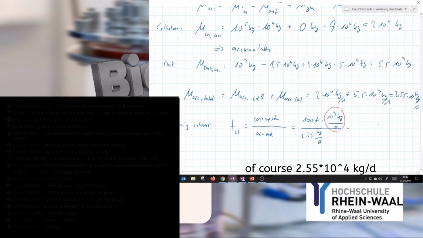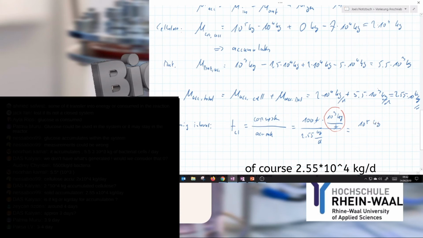So we end up with 10 to the 5 kilograms divided by 2.55 kilograms per day. And if you calculate that, you end up with 3.92 days.